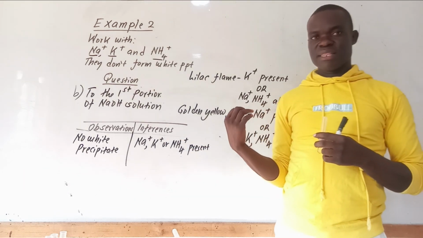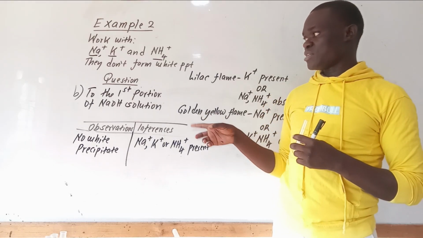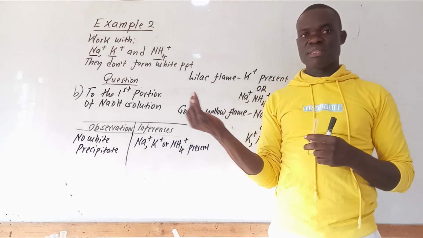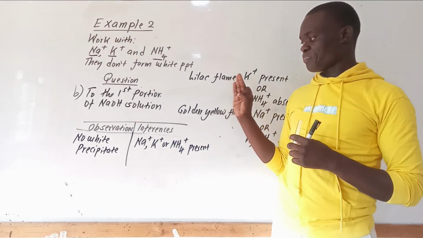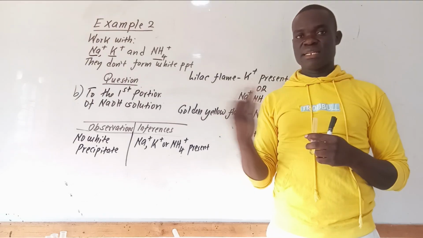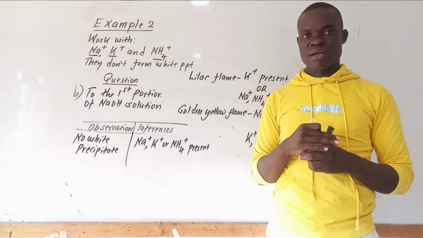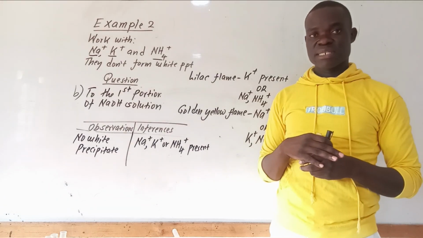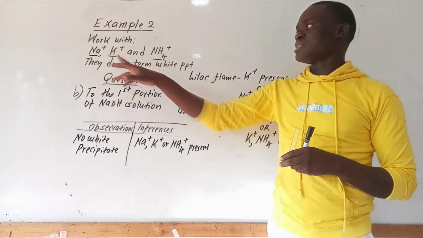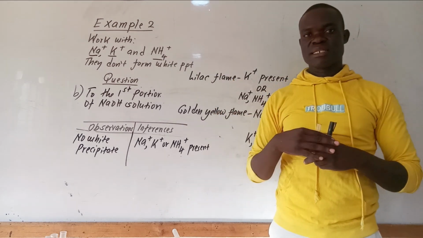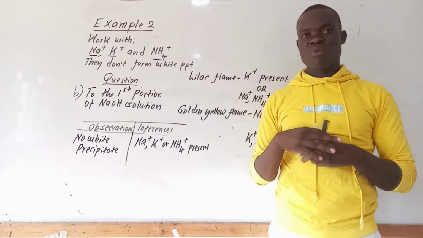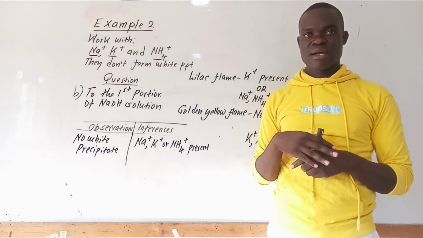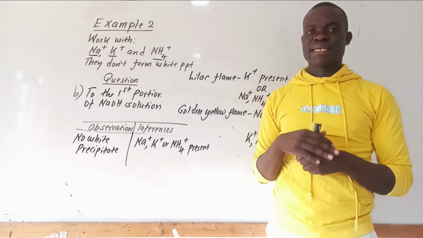So we will not carry out that flame test now, but you should know that when white precipitate forms, we talk about the three amphoteric ions. But when no white precipitate at all, even when we add few drops of sodium hydroxide or ammonium hydroxide solution, we mention these three ions as present because these three ions will never form white precipitate, whether the reagent used is in few drops or excess.